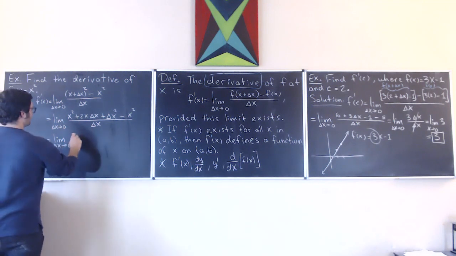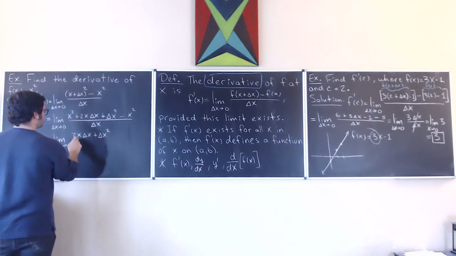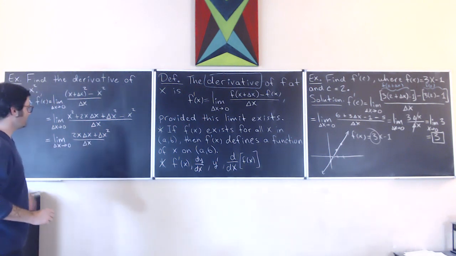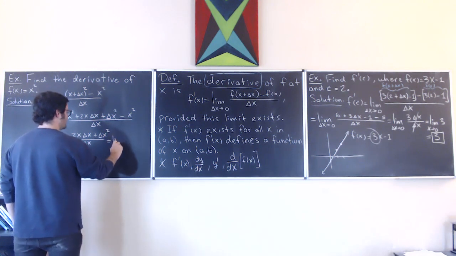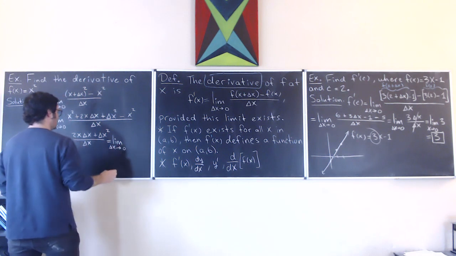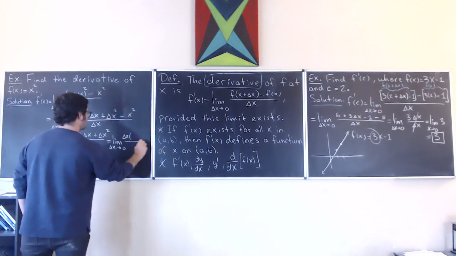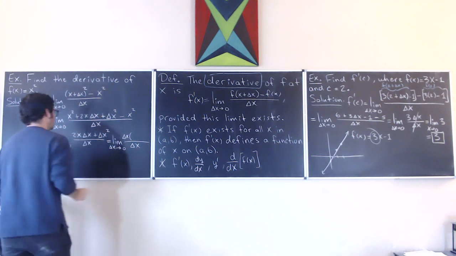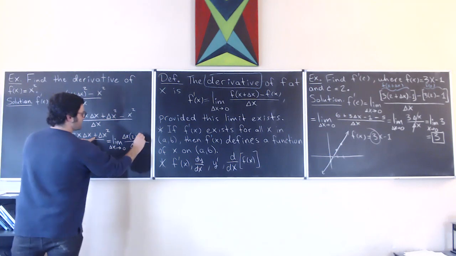And then we have 2x delta x plus delta x squared all over delta x. But now we can factor out a delta x and fit it right here. And we get 2x plus delta x.